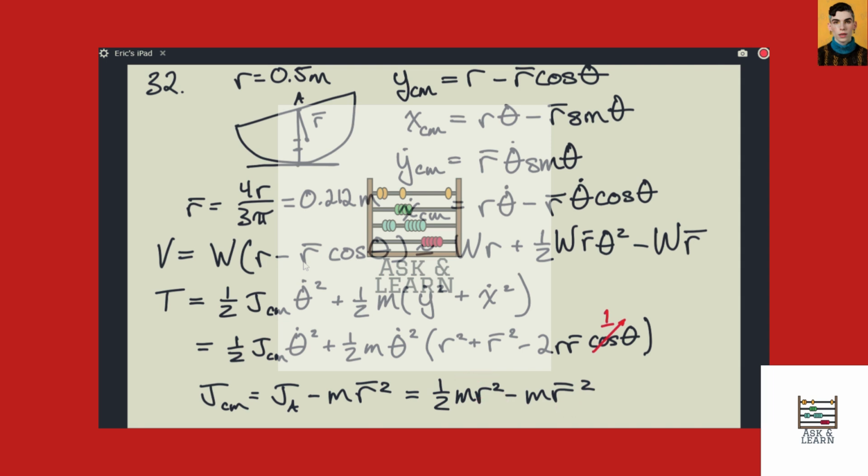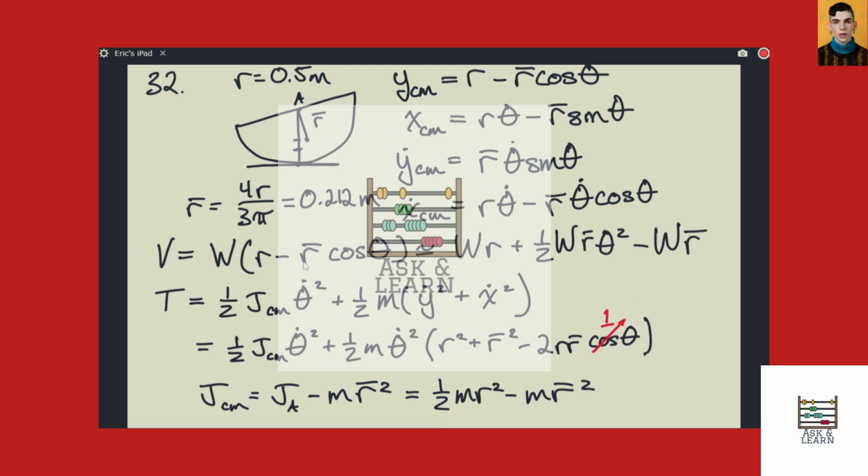Then we take this squared plus this squared, and after some simplification we get 1/2 m theta dot squared times this term here. Now notice that this is a nonlinear term, and we could use our approximation of 1 minus 1/2 theta squared.